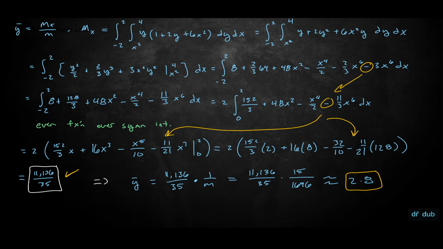All right, so now what can we do after this? Well, we can calculate something called the second moments. And those are called the mass moments of inertia. Mass moment of inertia is, I guess you could say, the difficulty.